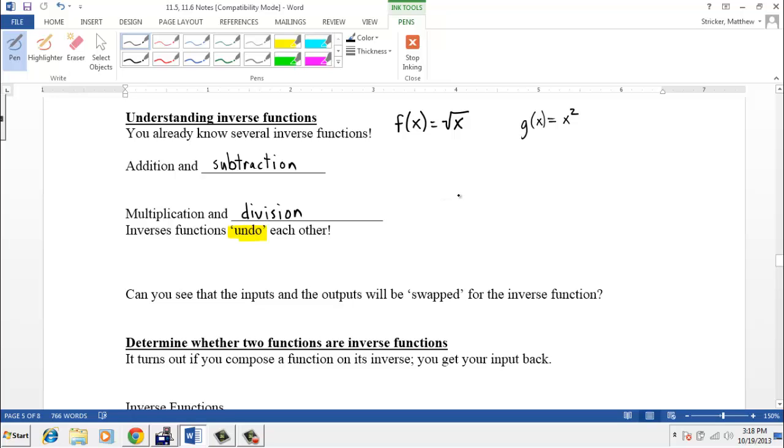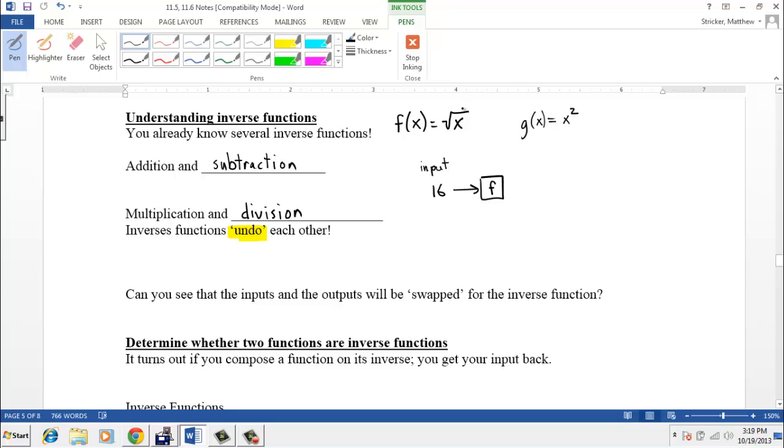Well, let's see how this works. Let's say, for example, we have an input of, let's say, 16. Well, if we take that 16 and we put it into our f function, what does f do?